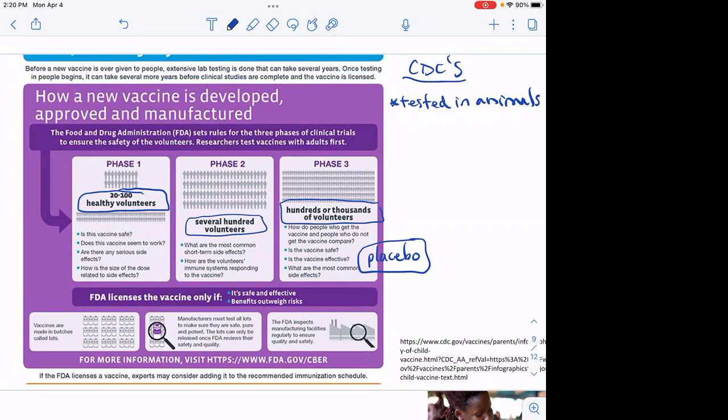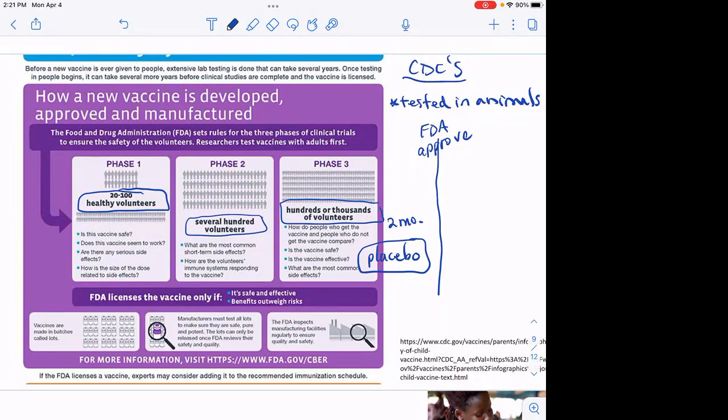Okay, so at that point, they have to wait at least 2 months after they infect those thousands of people, because side effects from a vaccine are usually going to show up in 2 weeks. So they've given extra time, 2 months. And at that time, if everything looks good, then the FDA will approve it and it will be started being used in the general population. Okay, so none of those steps were skipped with these vaccines.